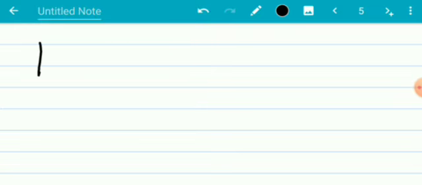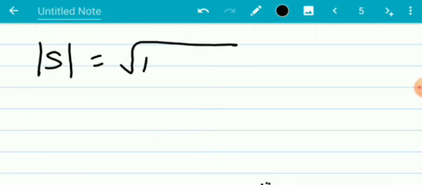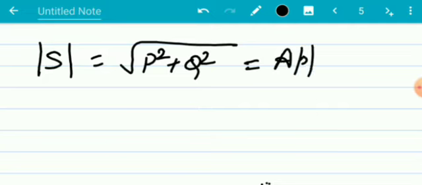Now the modulus of the complex power will be the square root of P squared plus Q squared, and that is known as the apparent power.